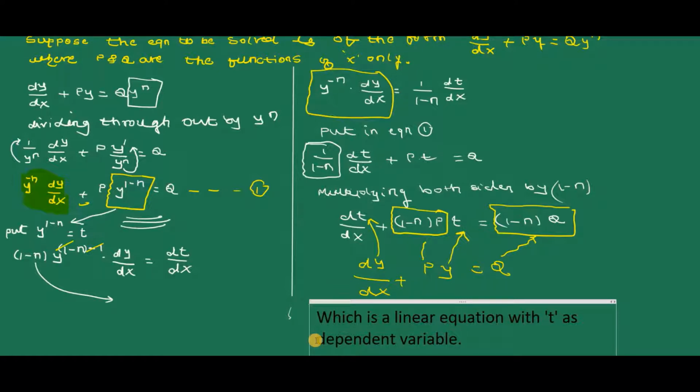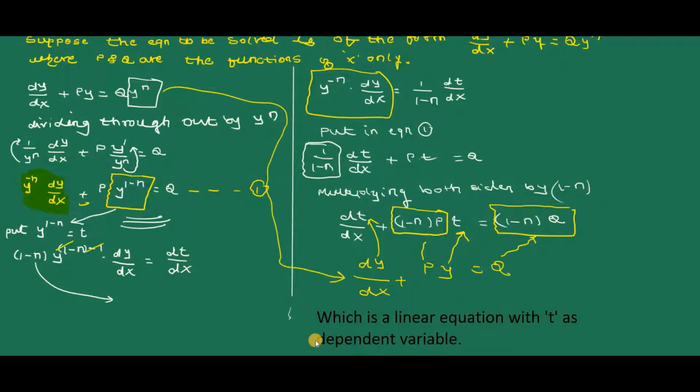Okay, so please remember, the given differential equation is in the form of dy by dx plus py is equal to q into y raised to n. If you compare the first equation with this equation, only on the right hand side we have y raised to n as an extra term. If the power of y is on the right hand side, then we can divide throughout by y raised to n, and you will get this equation number 1.